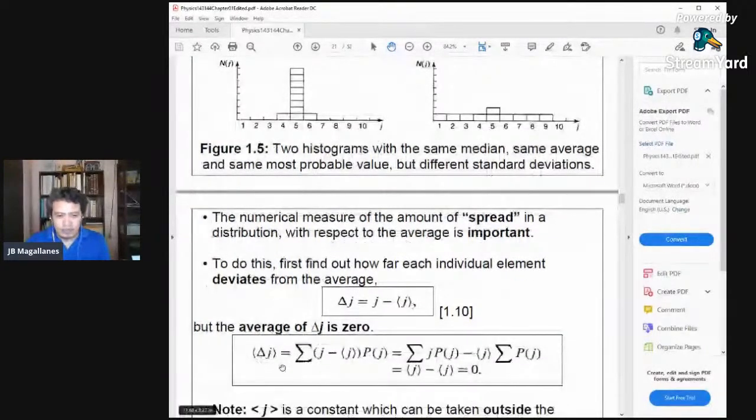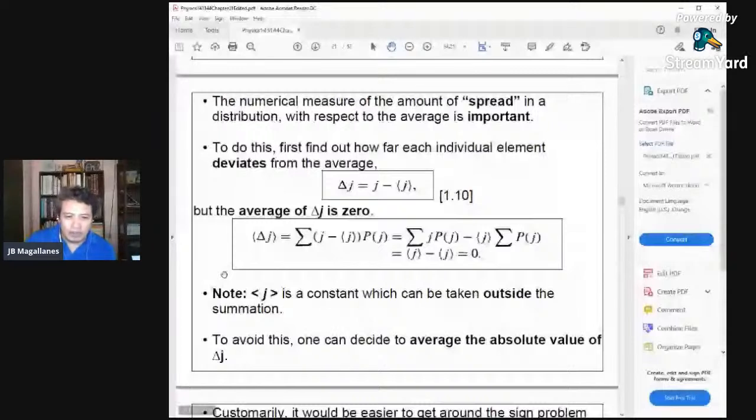If you do this mathematically, you have to put delta J inside here, the average of delta J. So anything that's inside here will be placed here. So delta J is equal to this, put inside the summation. And then you have JPJ. What is J? The summation of JPJ. This is just the average of J.